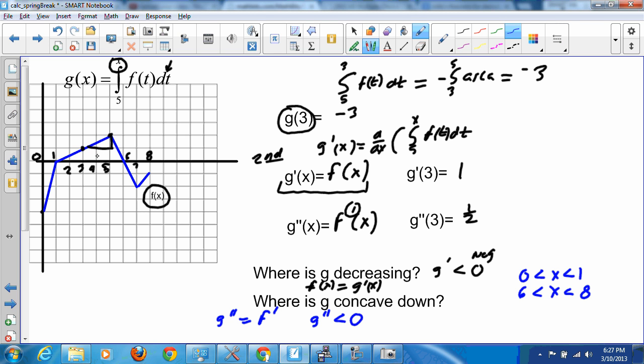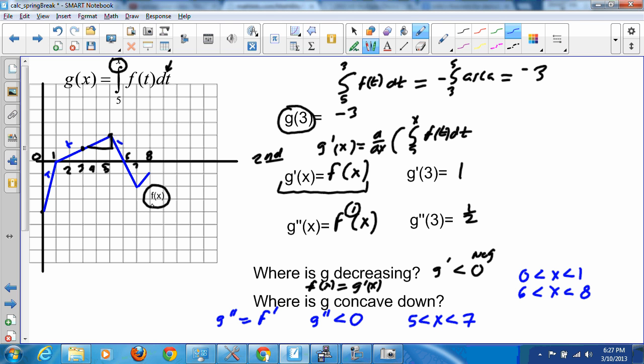So when is the slope of this blue function over here negative? Well, the slopes are positive here, and it looks like it's only negative when I turn the corner here between 5 and looks like 7. So it's concave down on the interval from 5 to 7.